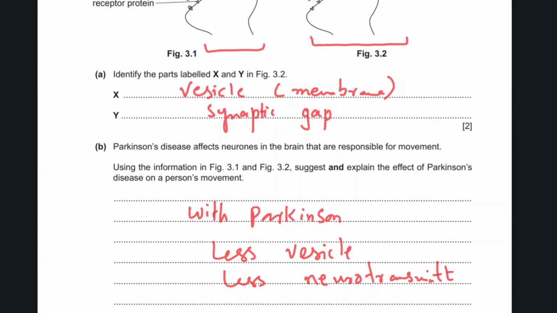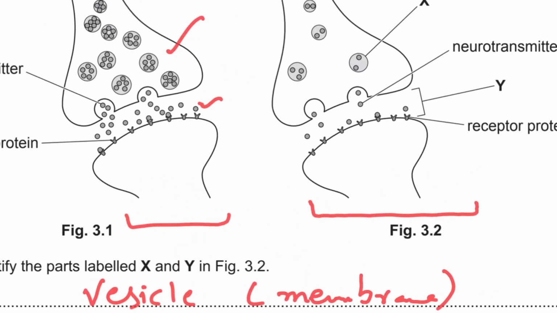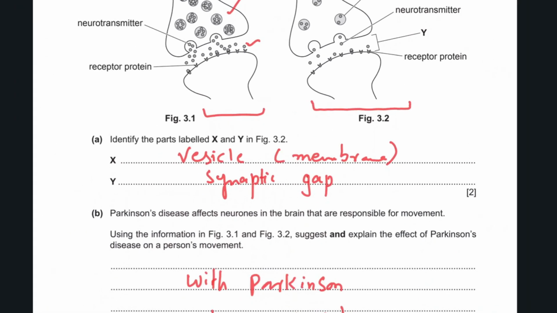If there is less neurotransmitter release, then what will happen? Look at this diagram. Less binding of neurotransmitter with the receptor proteins.